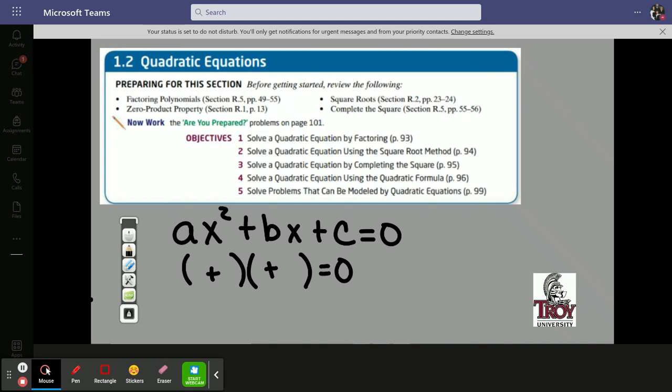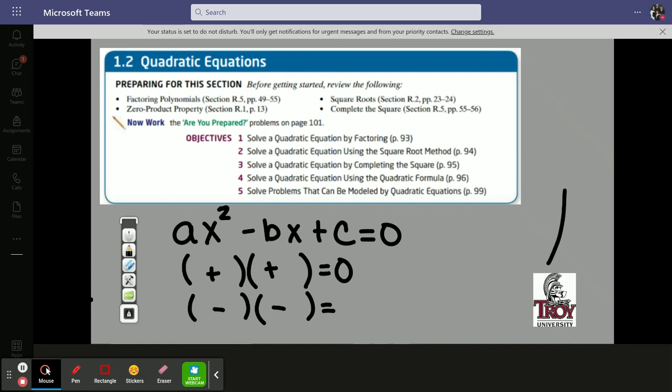If my C is positive but my B were to be negative, then both of these signs in here are going to be negative, okay?